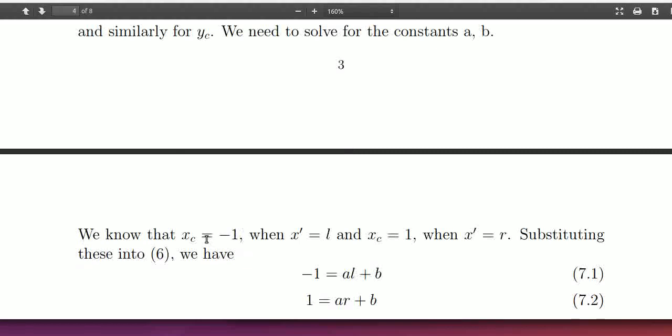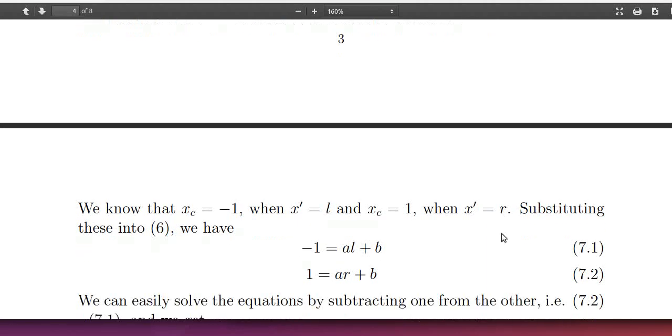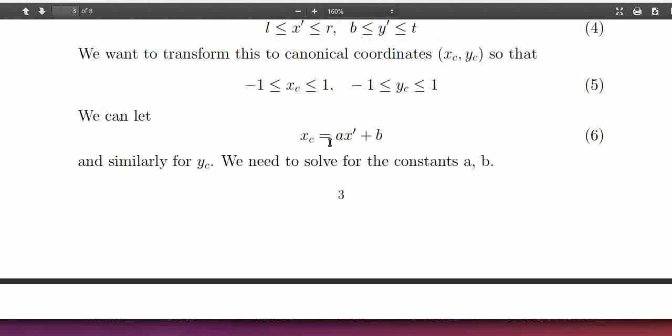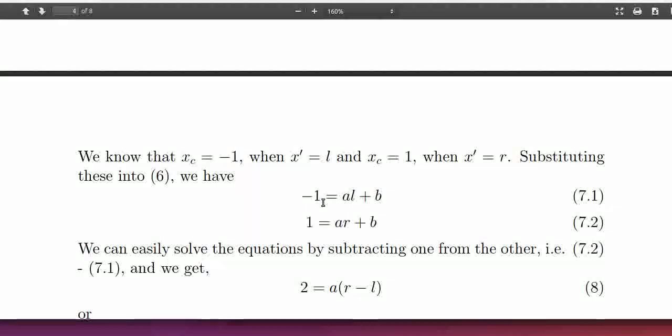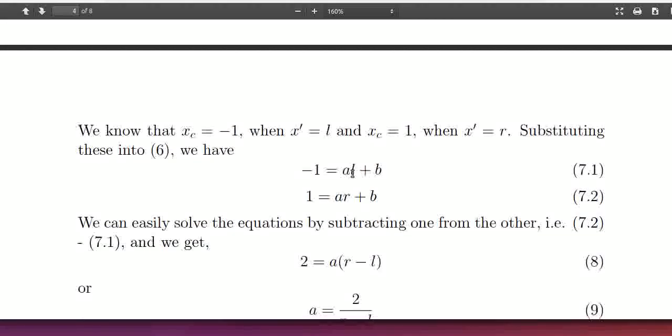So xc equals negative 1 when x dash equals L, and xc equals 1 when x dash equals R. Substituting these into this equation, we get negative 1 equals AL plus B, and 1 equals AR plus B. So we have two equations and two unknowns, and we can just solve that. Subtracting one from the other, 1 minus negative 1 gives 2, and A times R minus L, B cancels out.